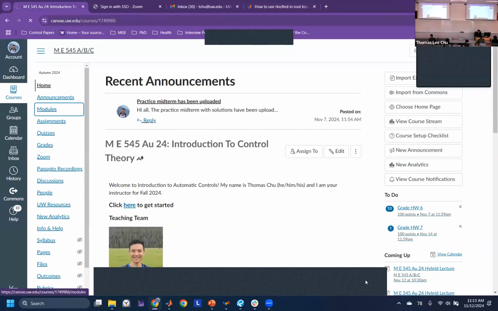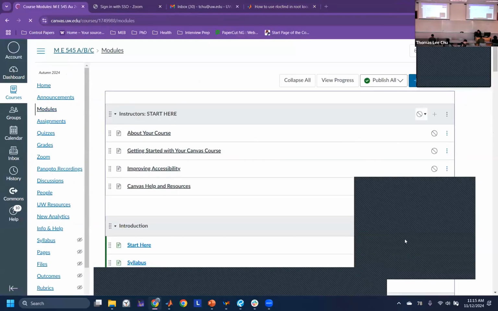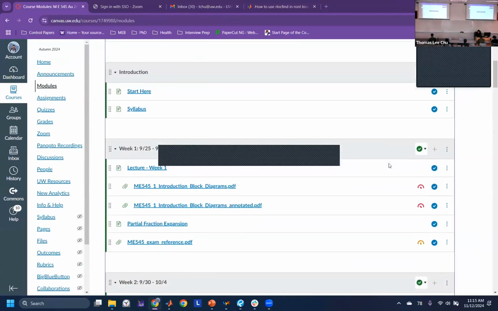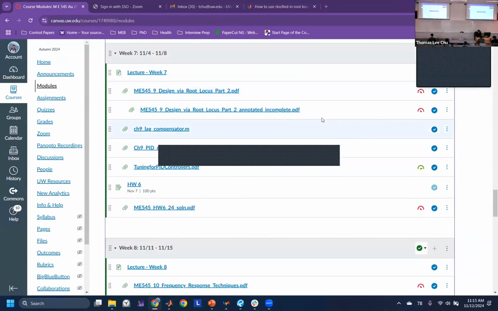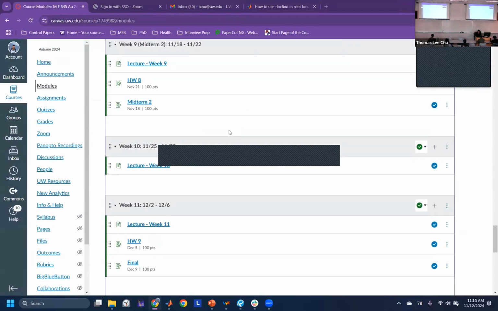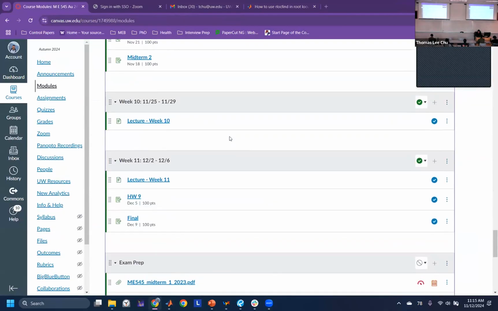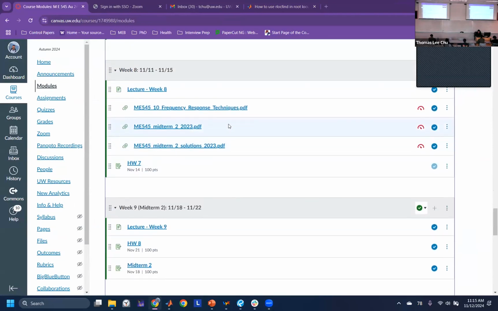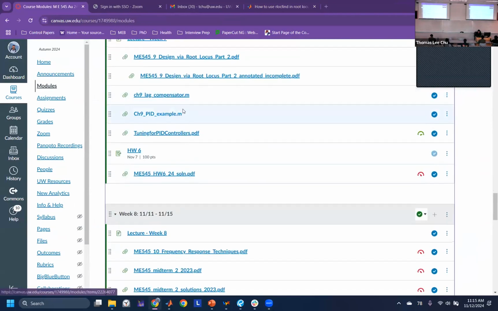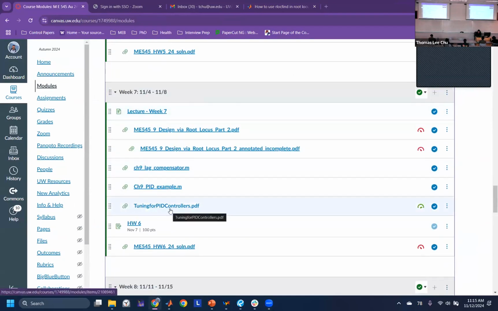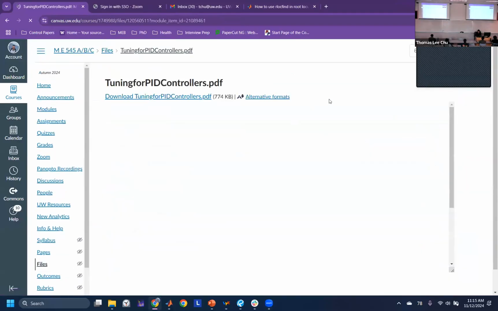All right, so under modules, I have this handout. I've had it since week 1, and maybe some people may finally understand what it is. It's called Tuning for PID Controllers PDF.